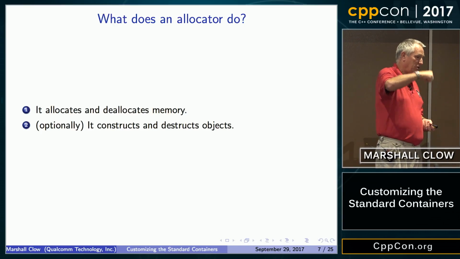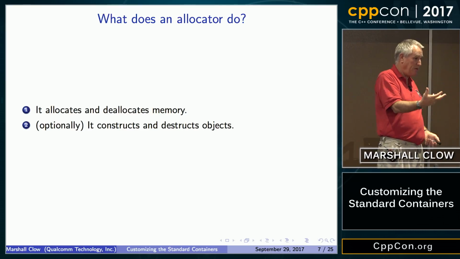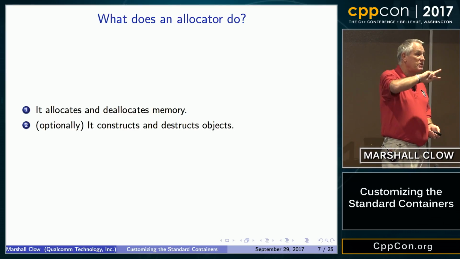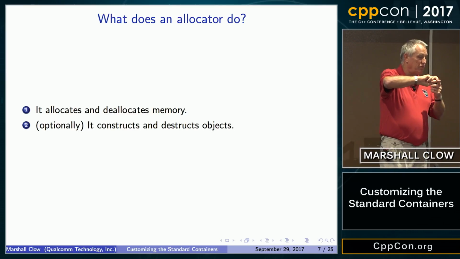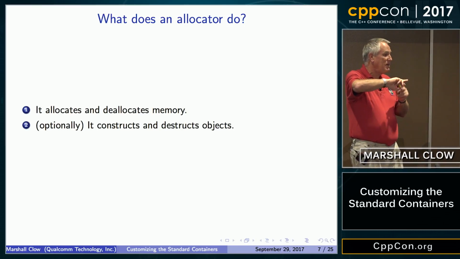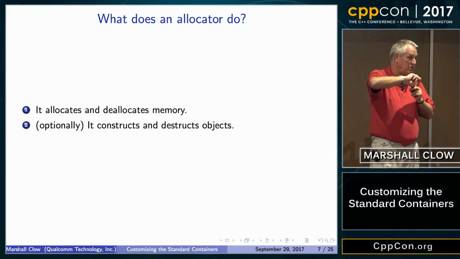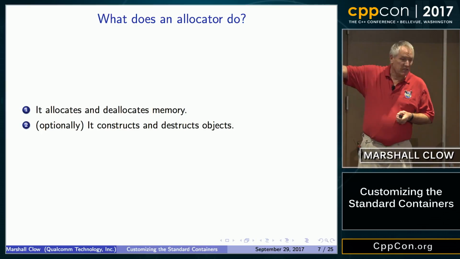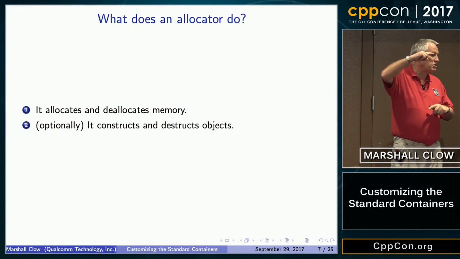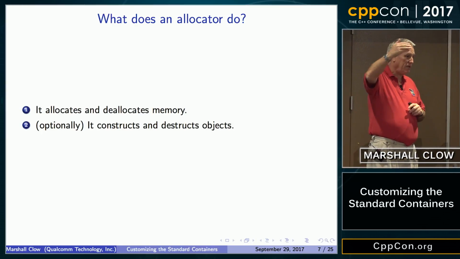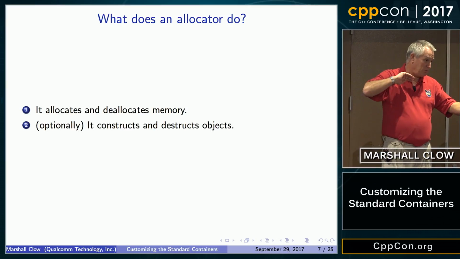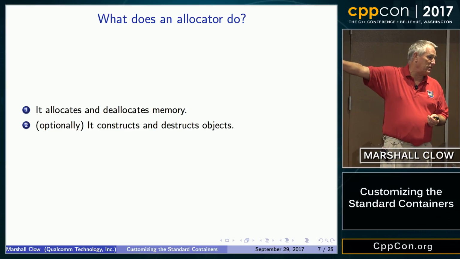You get a pointer to an object, and the object is ready to go. Okay, there are two things going on there, right? The first one is some space is allocated, and the second one is that the object is constructed. In the allocator interface, those two things are split apart. You allocate memory, and you construct an object. And those are two separate calls to the allocator.